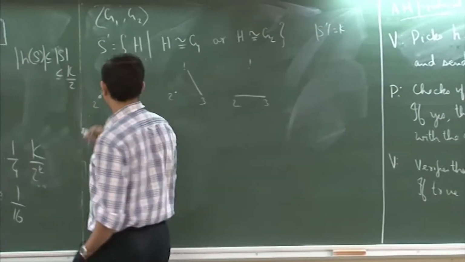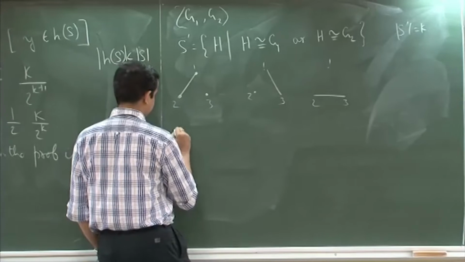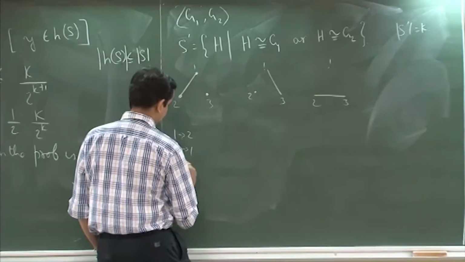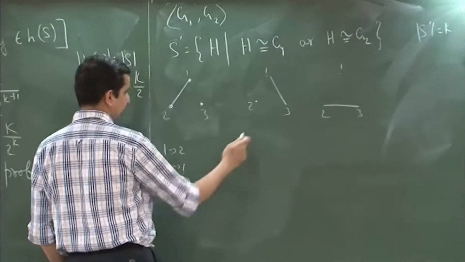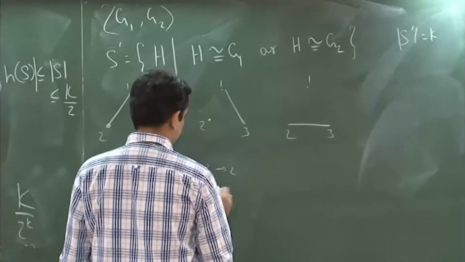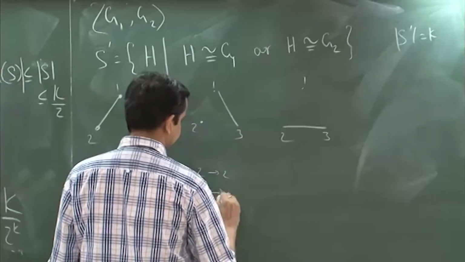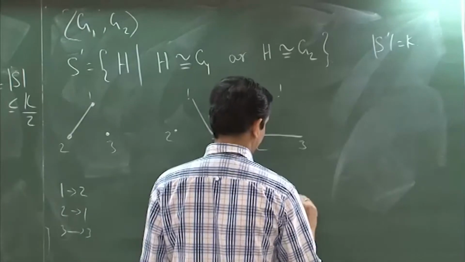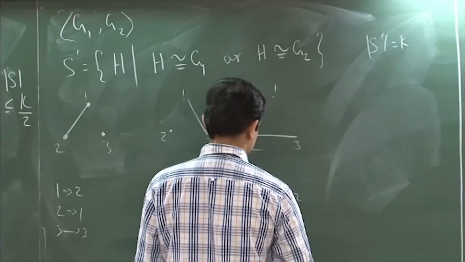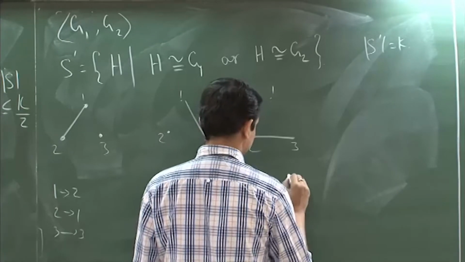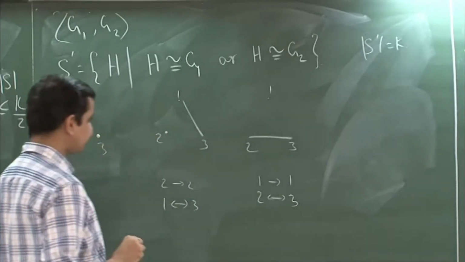So, suppose here I consider the permutation which maps 1 to 2, 2 to 1 and 3 to 3. Here if I consider the permutation, 2 goes to 2 and 1 and 3 get interchanged. And 2 and 3 get interchanged and 1 goes to 1.